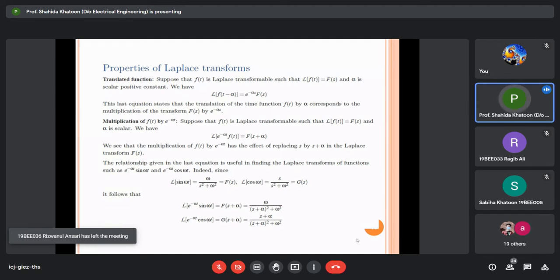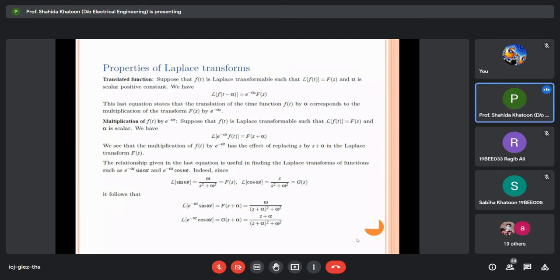This relationship is useful in finding the Laplace transform of functions such as e to the power minus alpha t sine omega t and e to the power minus alpha t cos omega t. The Laplace transform of sine omega t, as we already know, is omega upon s square plus omega square, and the Laplace transform of cos omega t is s upon s square plus omega square.